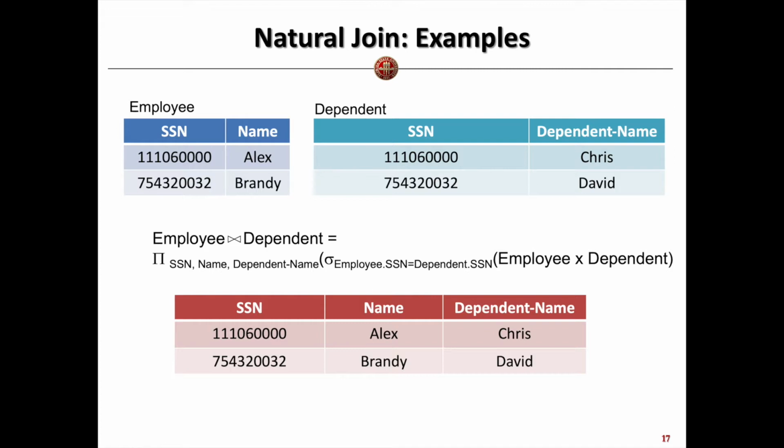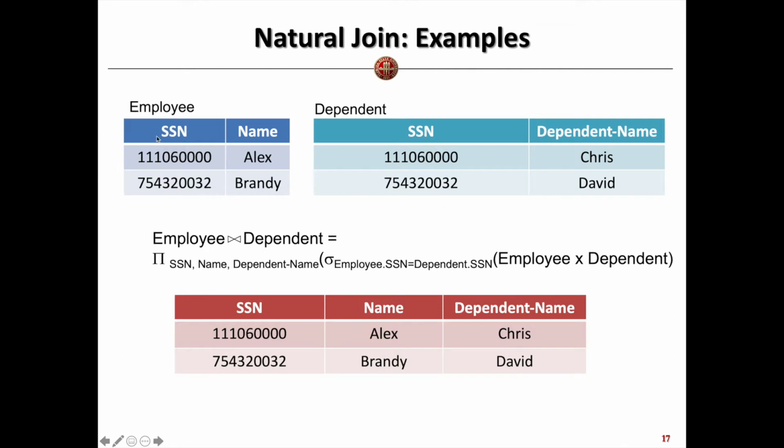So according to our previous page, we show that they share a common attribute, SSN, right? And we can define a natural join between employee and dependent as: inside it we first calculate the product, right? Employee product with dependent. Then outside we have this select, employee.SSN equals dependent.SSN, right?